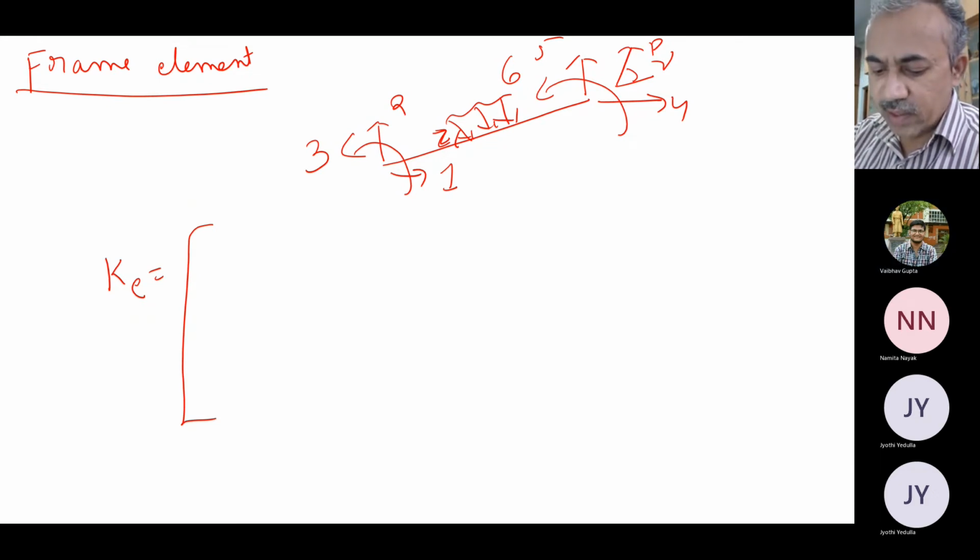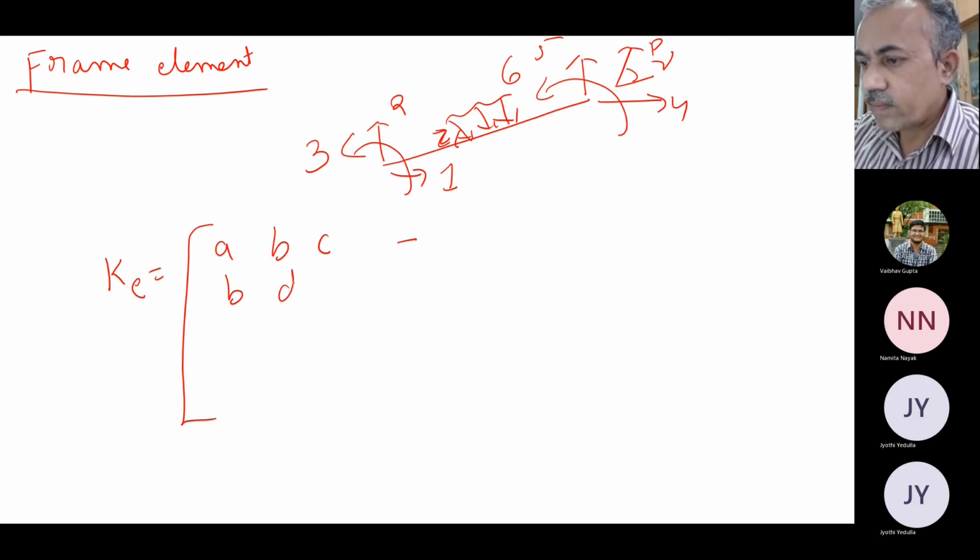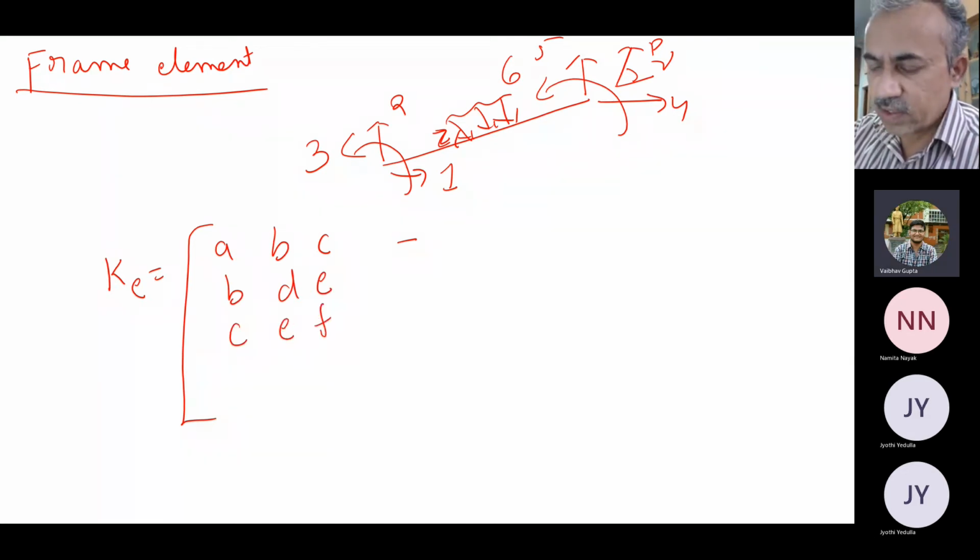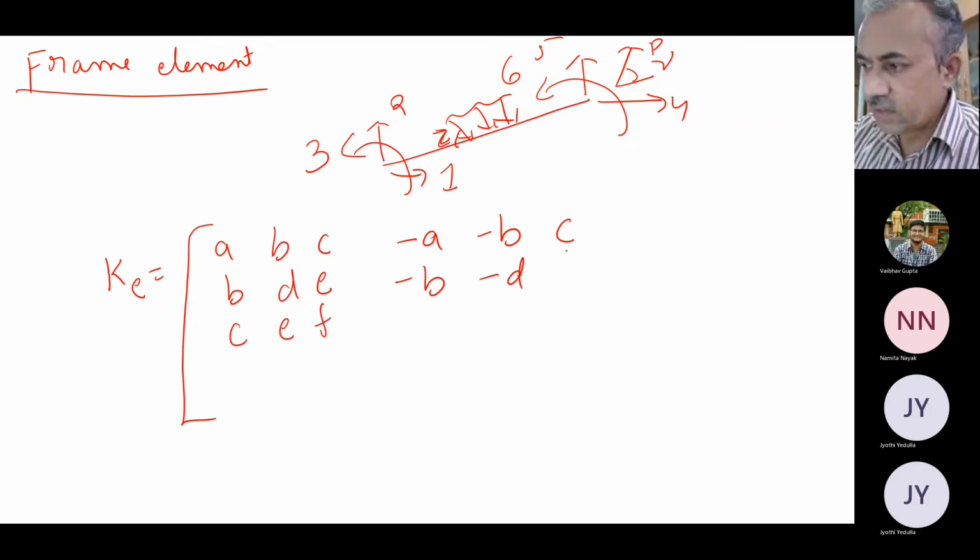So you will have A, B, C, something like this, and the stiffness matrix is always symmetric. So you will have minus A, minus B, then minus B, minus D, then C, some E, then minus C, minus E, G. You can easily find this stiffness matrix in your finite element textbooks.